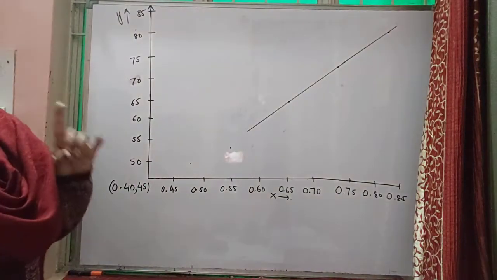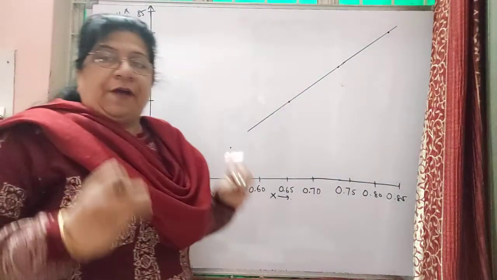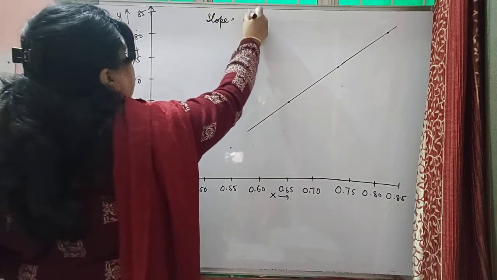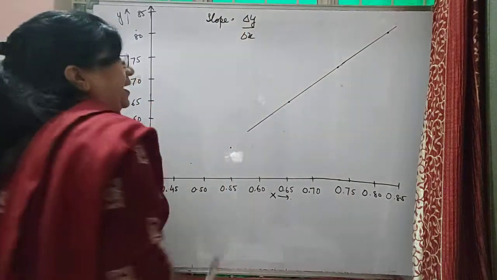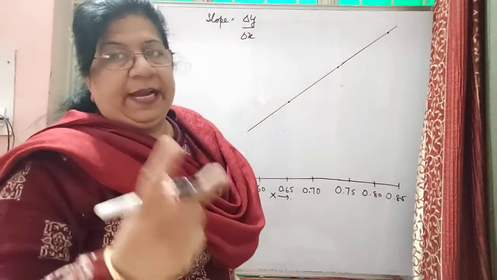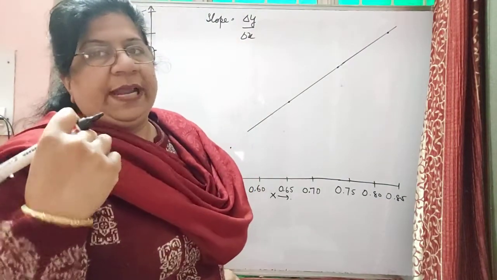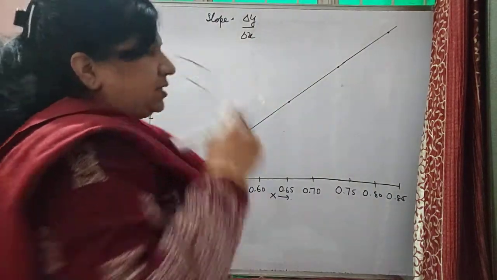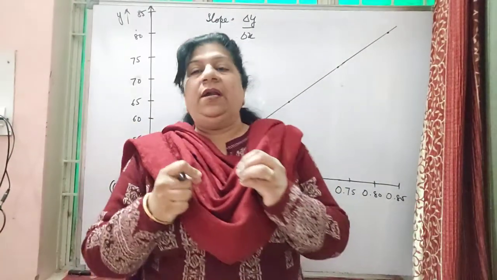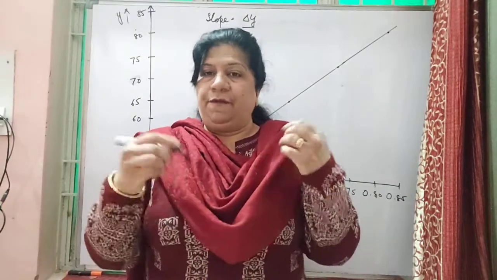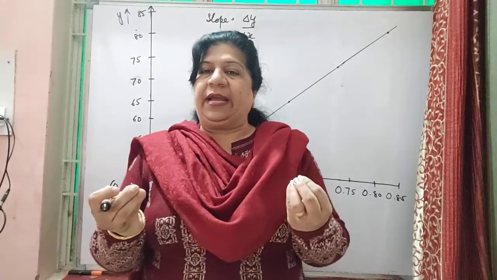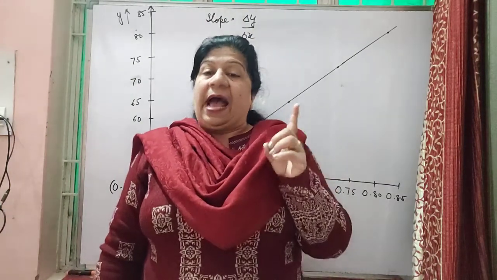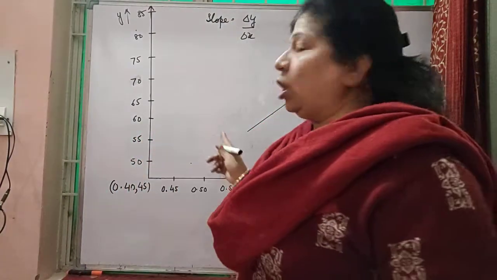Now, to find the slope, you know that slope is equal to delta y upon delta x. Delta y means the difference of y. We'll take 2 values of y and find the difference, and take 2 values of x and find the difference. Listen, very important: one value you can take from the reading itself, and the other value has to be taken which has not been plotted.